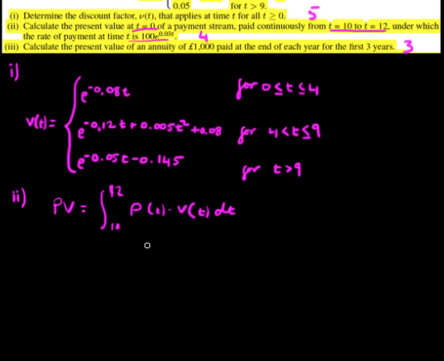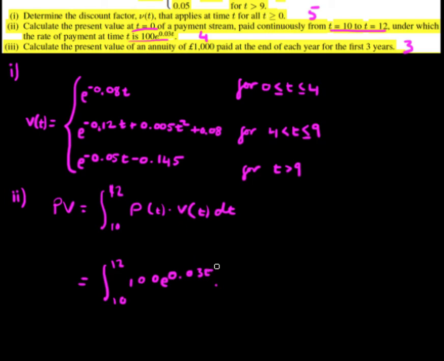So that is equal, between 10 and 12, of 100 e to the 0.03t times a discount. Now, we're looking at time 10, which so happens to be above time 9, so we can use this, and this is going to discount it back to time 0 because we multiplied it times v of 4 and v of 9 in the last video to get this one.